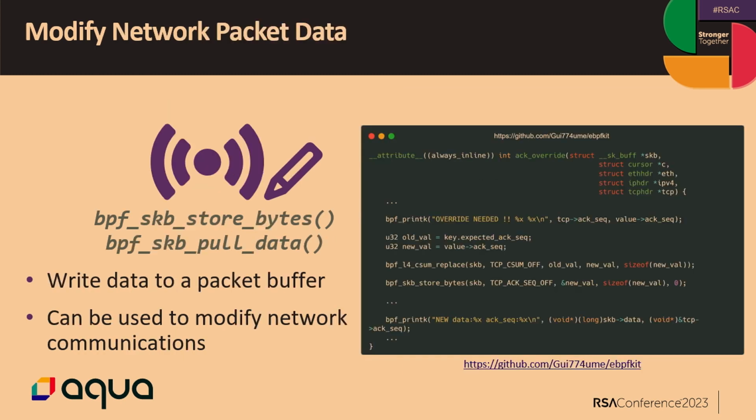The next ones are skb_store_bytes and skb_pull_data. Those two are able to modify communication or data of packets. That allows you to either exfiltrate data from the system to a remote host, or just damage the integrity of the data that's going through.